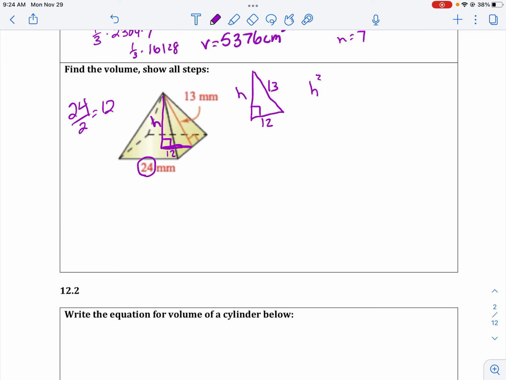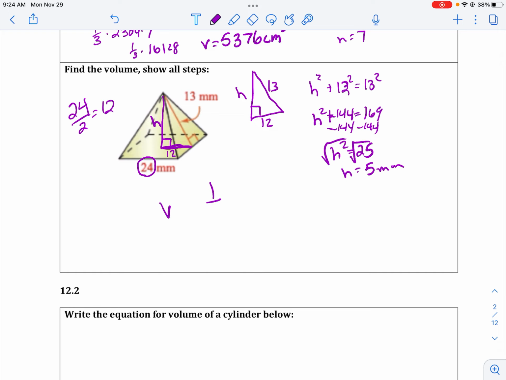So I use my Pythagorean theorem, where the slant height is always my hypotenuse. And here I get a height of 5 millimeters.